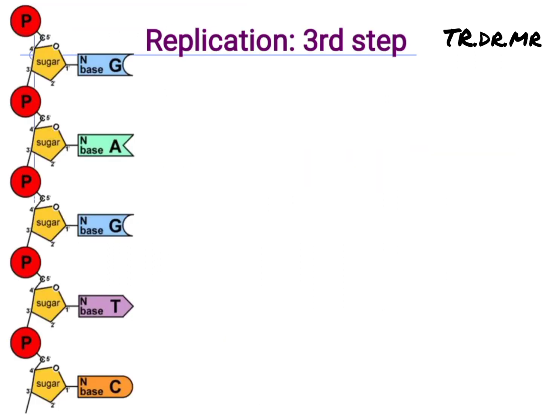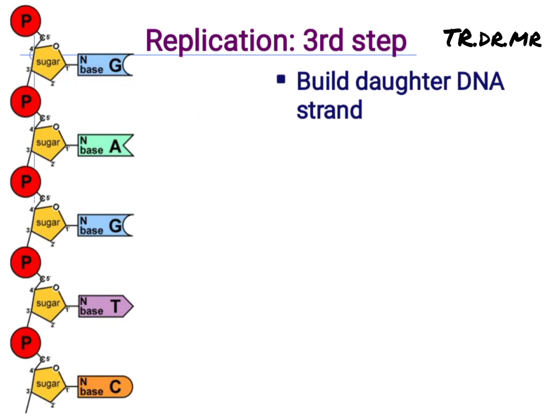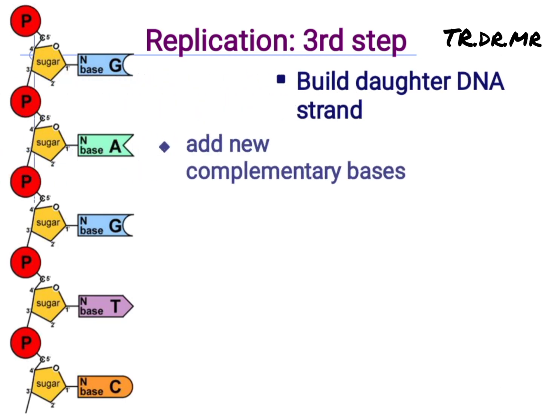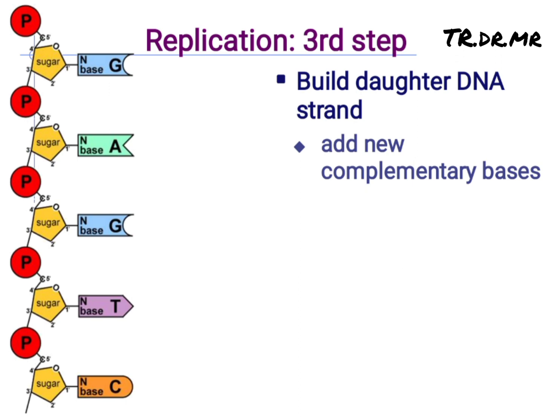So after priming, the next step is going to be DNA replication. Now in DNA replication, DNA polymerase is going to come in. We are building daughter DNA strands, and we do it by adding new complementary bases. We get them from the cytoplasm, and they are imported into the nucleus.